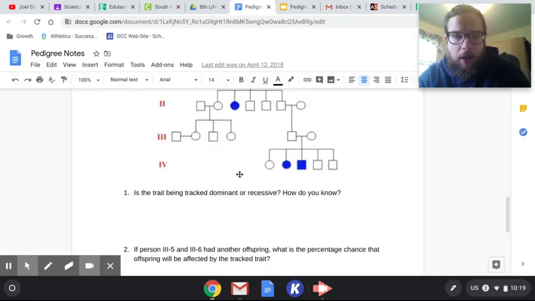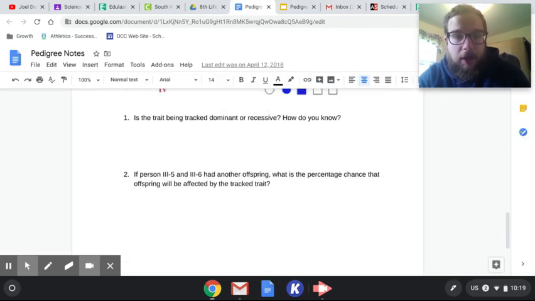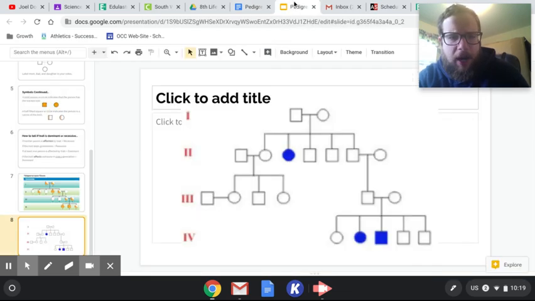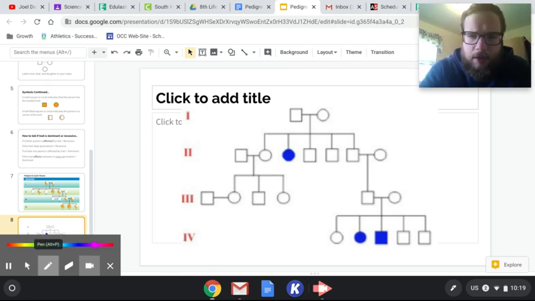So those are your two questions for... Oh, I'm sorry. There's one more in your notes here. I knew I was mistaken. So number 2 says, if person 3-5 and 3-6 had another offspring, what's the percentage chance that that offspring will be affected by the tracked trait? So it's referring to 3-5, which is right there, and 3-6, which is right there.